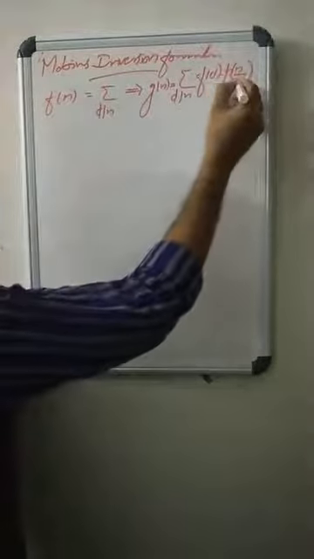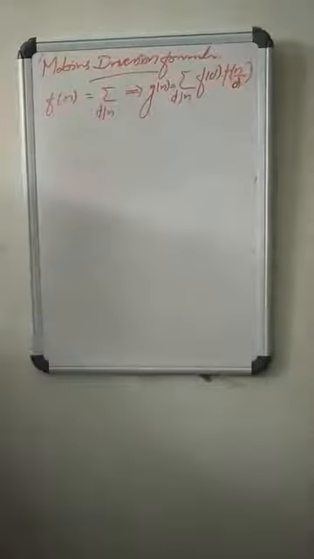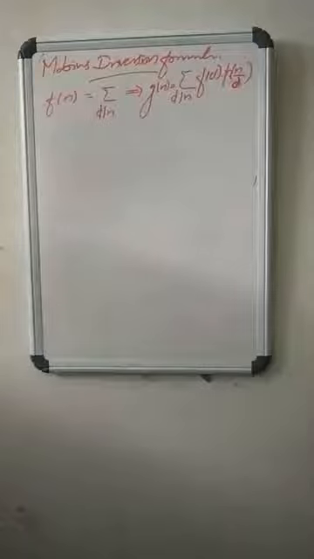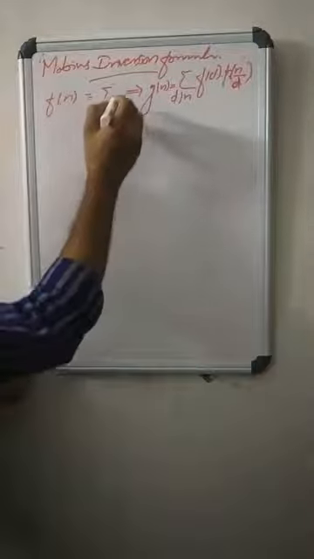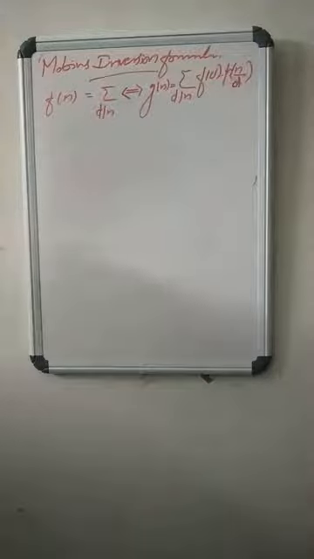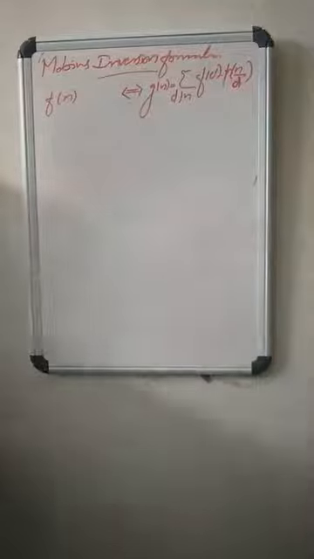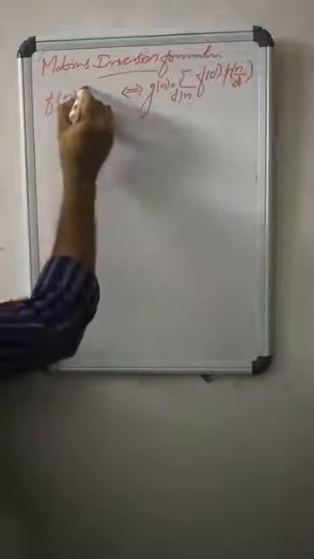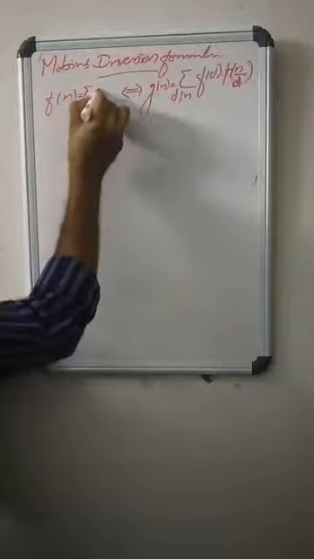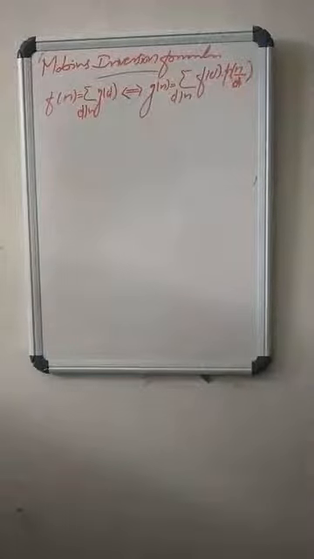Reversely, if g of n equals sigma d divides n f of d into mu of n by d, then f of n equals sigma d divides n g of d. So f of n equals sigma over d divides n g of d implies g of n equals sigma over d divides n f of d into mu of n by d, and the reverse inversion also holds.